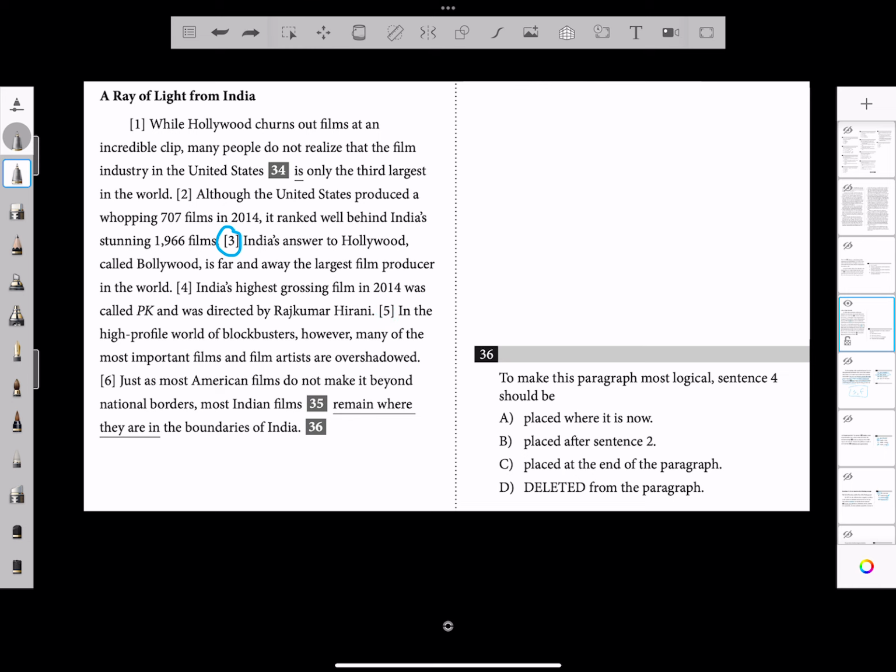Yeah, so sentences 3 and 5 should be going together. So definitely don't want to leave it where it is. Placed after sentence 2, well, do 2 and 3 need to go together? Take a second.